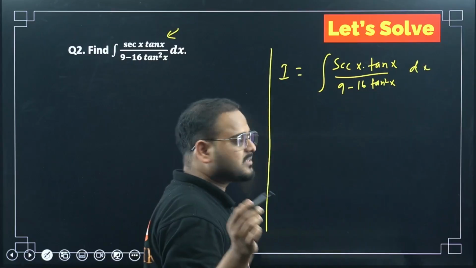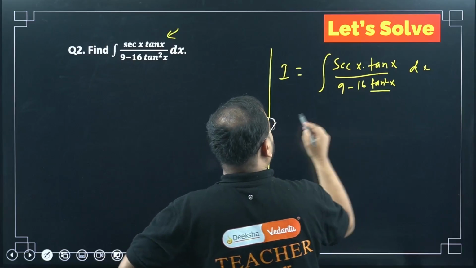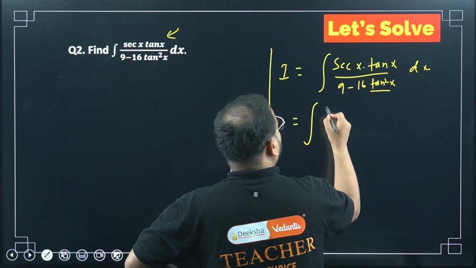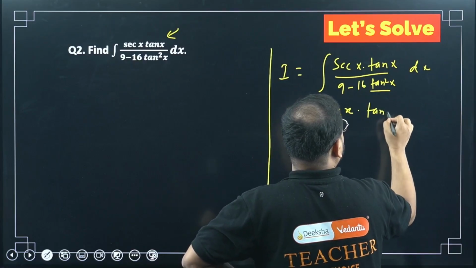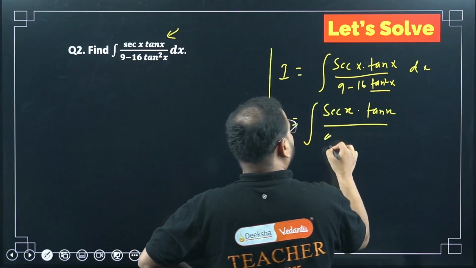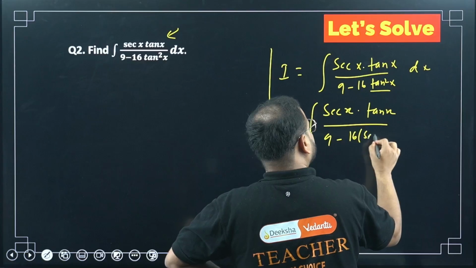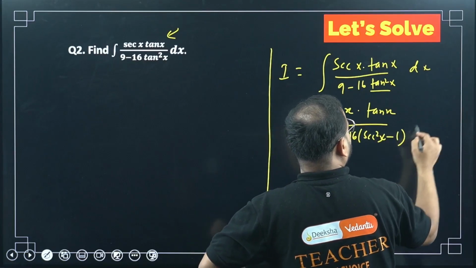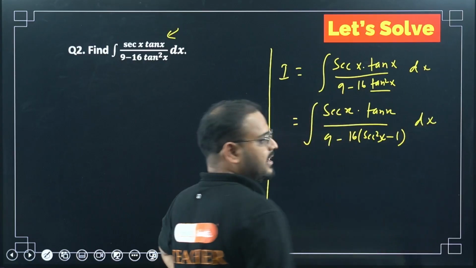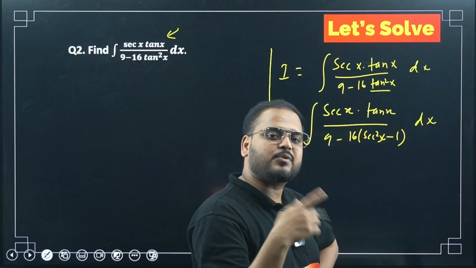Yes or no? Use the identity for tan square x. What are you going to get? Please check. Integration of sec x tan x upon 9 minus 16 times sec square x minus 1 dx.